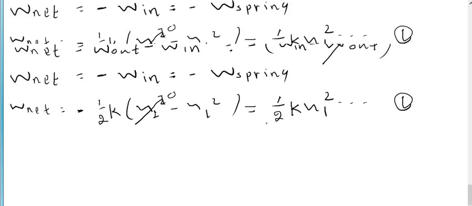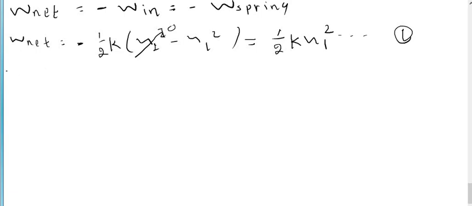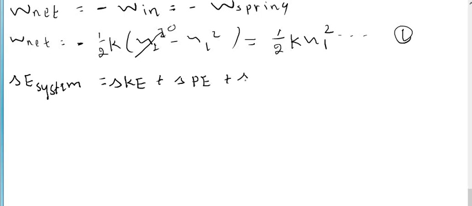Then we go back to the original equation and find the total energy of the system. So dE of the system, that is the ball, is equal to the change in kinetic energy plus change in potential energy plus change in internal energy. But there will be no change in internal energy since there is no change in temperature in the ball, so this is 0.